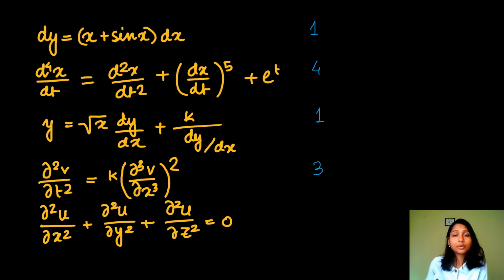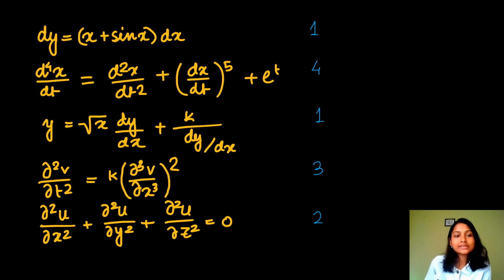In the case of a partial differential equation, it does not matter which independent variable is present. It may be x, it may be t. In this case, the highest order derivative present is 2. So again, the order is 2. Now let us come to the degree.